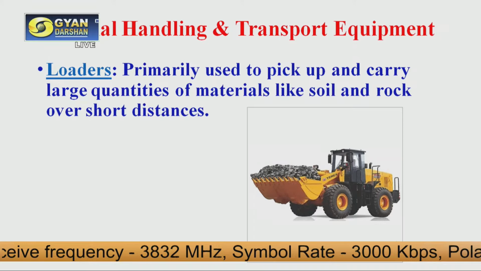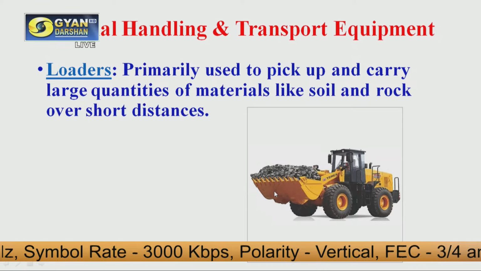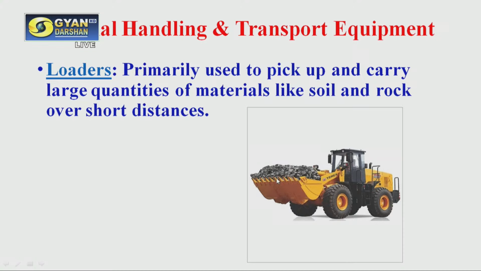It has a large bucket, with blades also, so it can scratch from the surface. If it is something sticky, it can scratch and dig to a small depth, then load it and transport it to other places. So this is the loader.